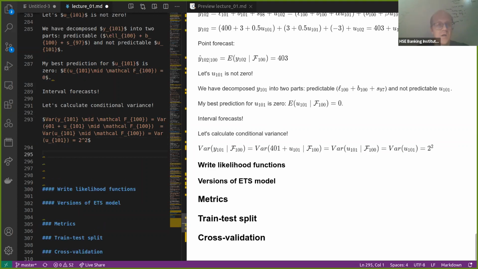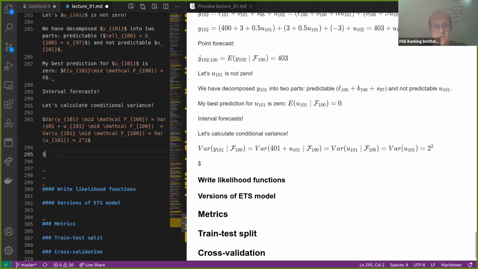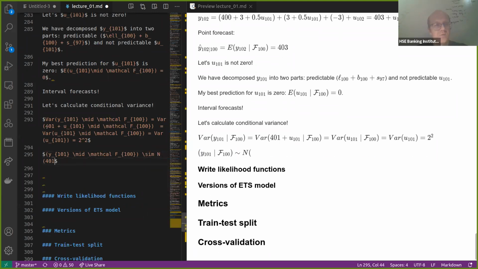So if I summarize my findings, I see that Y101, given my available information, has a normal distribution with mean 401 and variance 2 squared.